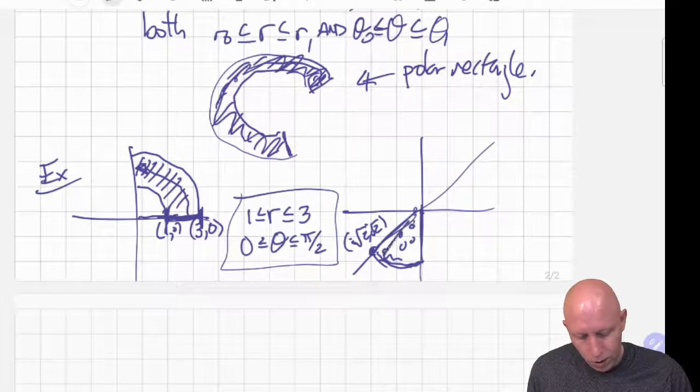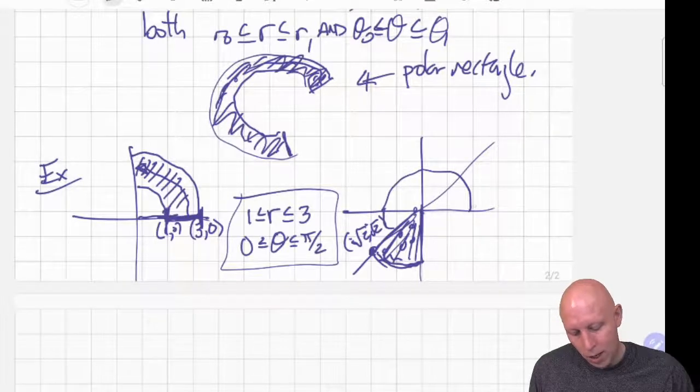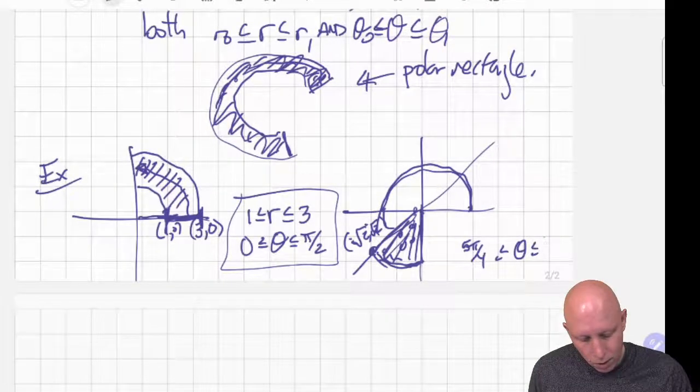Well, we have the angle, this is pi plus pi over 4, pizza pi, and so theta goes between 5 pi over 4 and 6 pi over 4, which is 3 pi over 2.